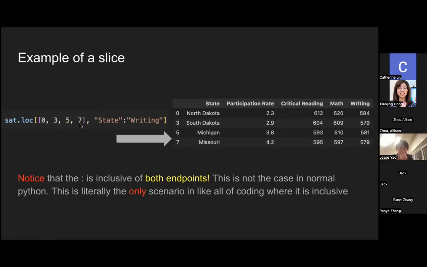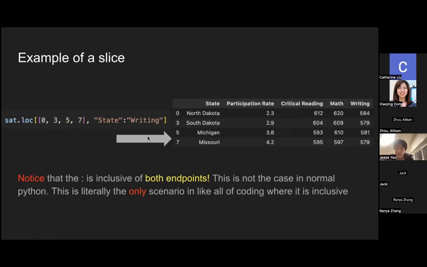An example is that I want the rows 0, 3, 5, 7, and I want the slice state to writing. What that means is that I want all the columns starting from state all the way to writing. Notice that this slice includes the last element, writing. It includes both endpoints.